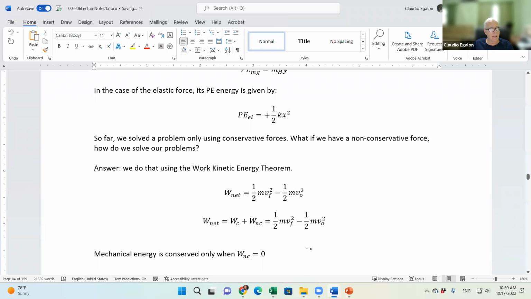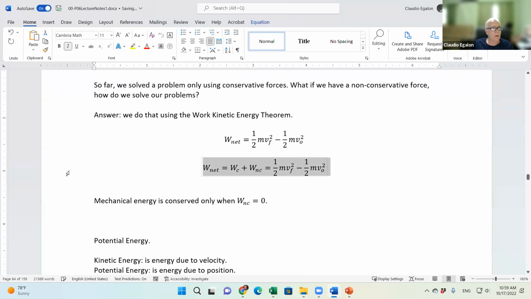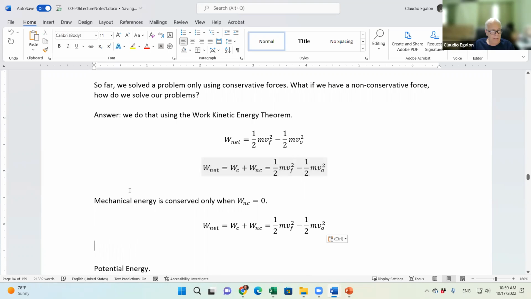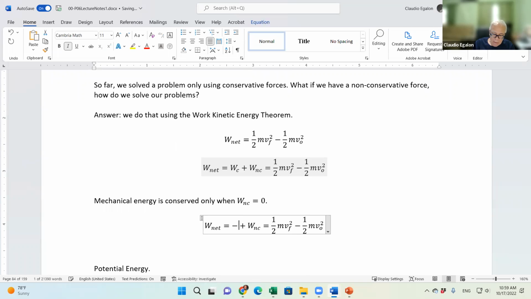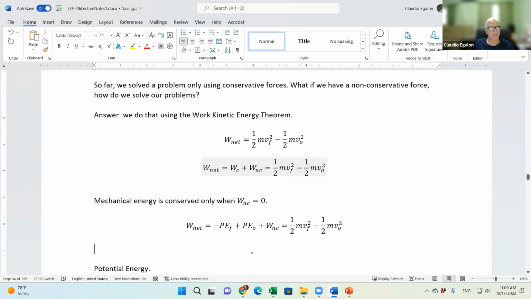I can prove that to you. Don't forget, the work of conservative forces can be written as minus the final potential energy plus the initial potential energy, whatever potential energy it is.